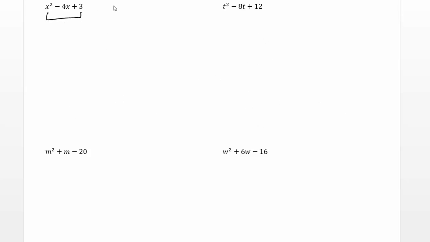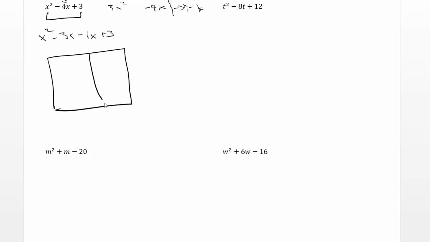Our multiplying game should be 3x squared, and now our adding game needs to add up to minus 4x. And I think the numbers that multiply to positive 3 but add to negative 4 are negative 3 and negative 1. In this case, negative 3x and negative 1x. So I think this is better written as x squared minus 3x minus 1x plus 3.